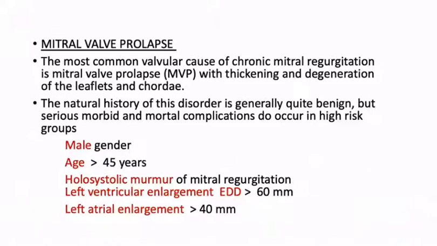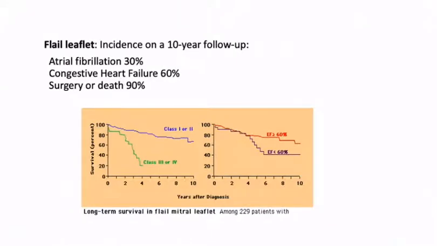Mostly the natural history is benign, but there are a few high risk indicators like the presence of a holosystolic murmur, or significant regurgitation associated with left ventricular end-diastolic diameter of more than 60 mm and left atrial enlargement of more than 40 mm. These are the high risk predictors. The presence of symptoms and the LV function also have an effect on the natural progression of MVP.